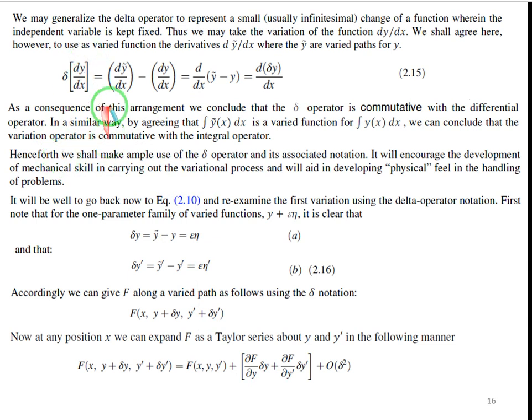These two main properties are very essential, and we will use them frequently in our next slides and sessions.